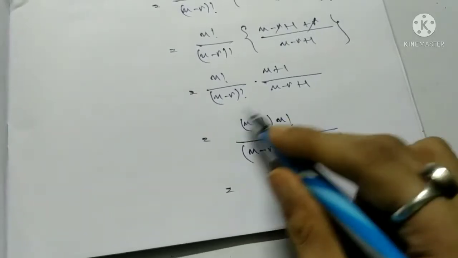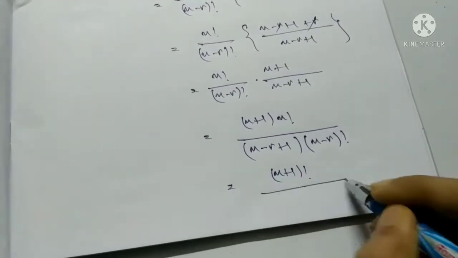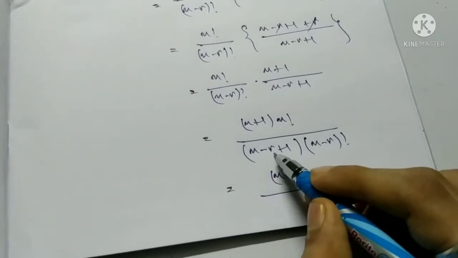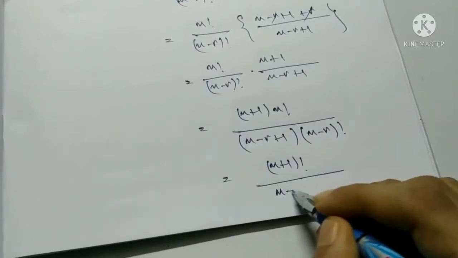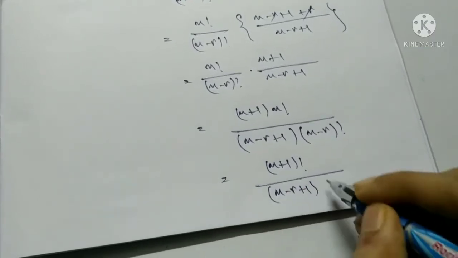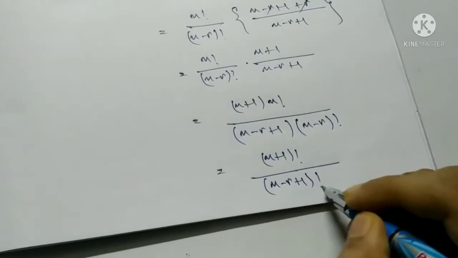So on top it becomes n plus 1 factorial by n minus r plus 1 into n minus r factorial, which becomes n minus r plus 1 factorial.